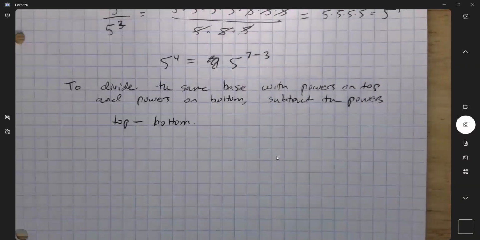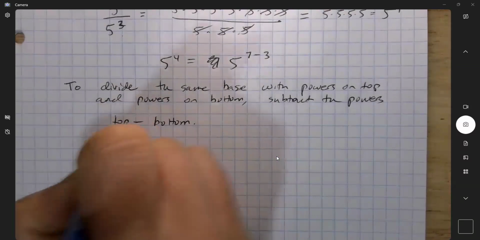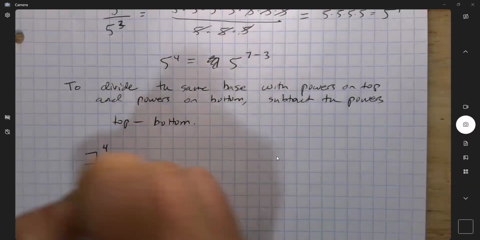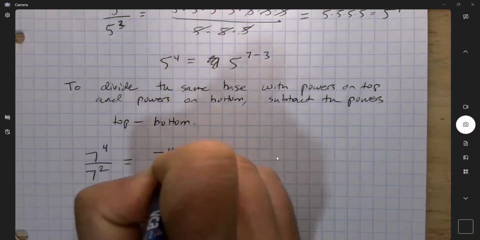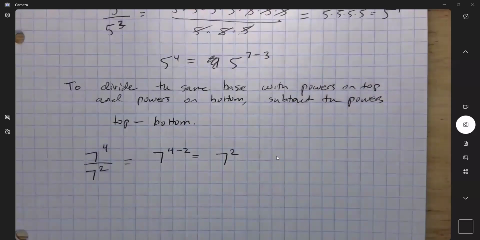Let's do another example. 7 to the 4th divided by 7 squared is going to be 7 to the 4 minus 2, which is just plain old 7 squared.